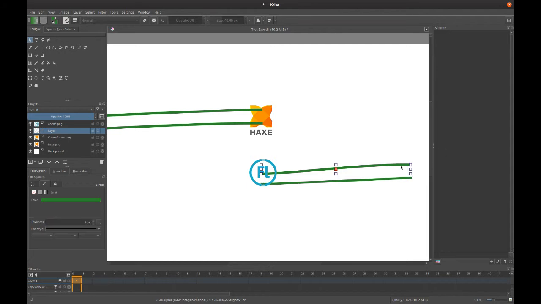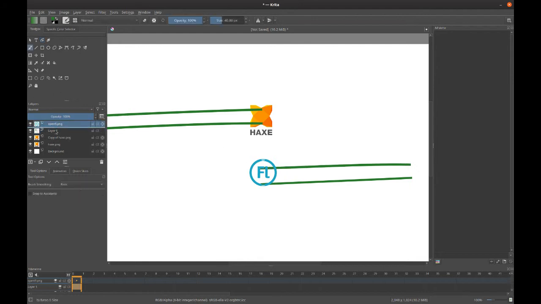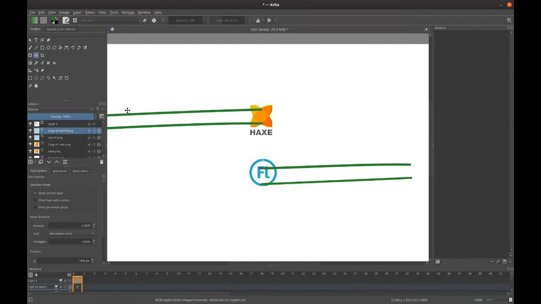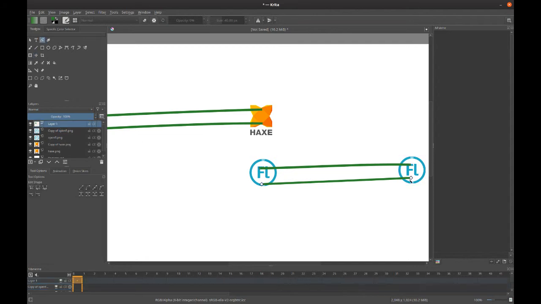Okay, welcome back. I have figured out a thing or two. There. I want to make a copy over here and also lines.